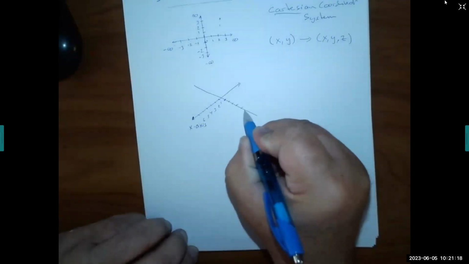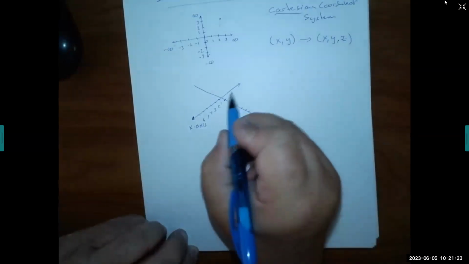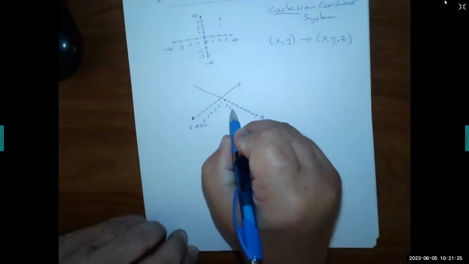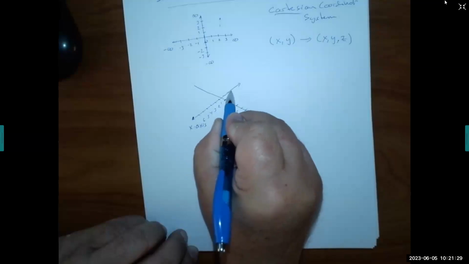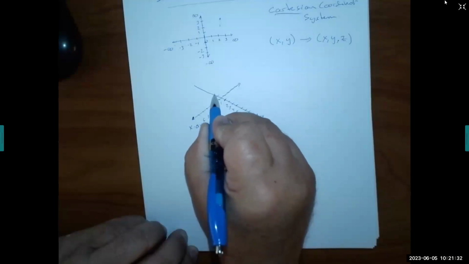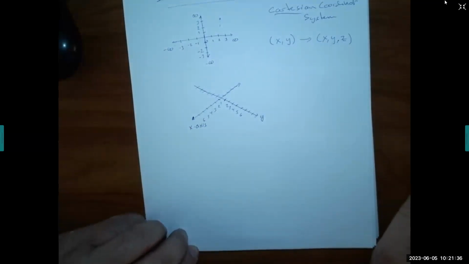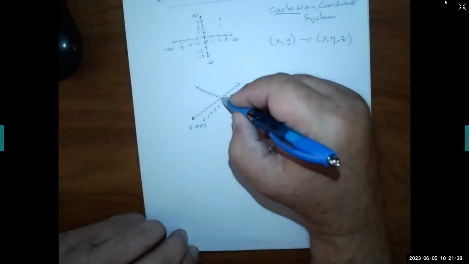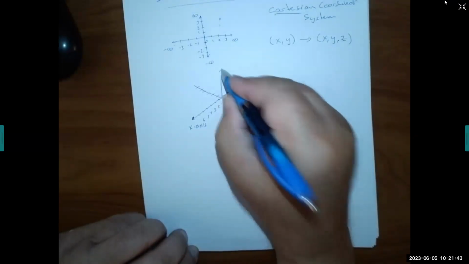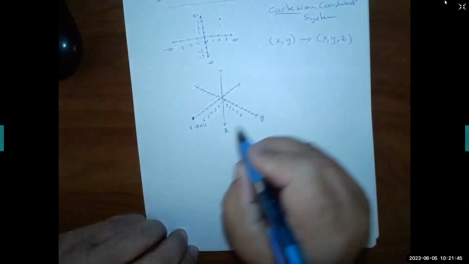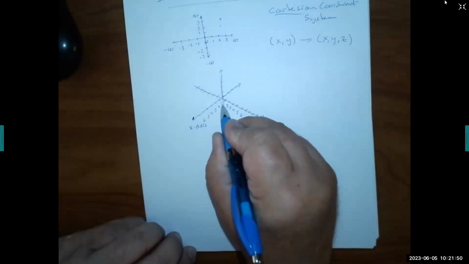This is our y-axis. And backwards is negative. And to the left is negative. And the z-axis goes up and down. Up is positive, down is negative.